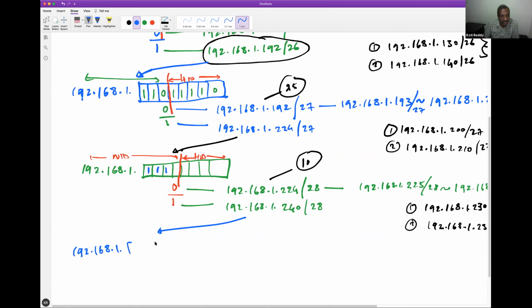I expand this. In that I take 4 ones, 1, 1, 1, 1. In this network I need to account how many hosts? 5 hosts. That's a requirement here.